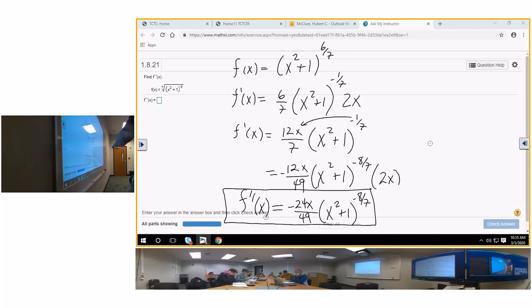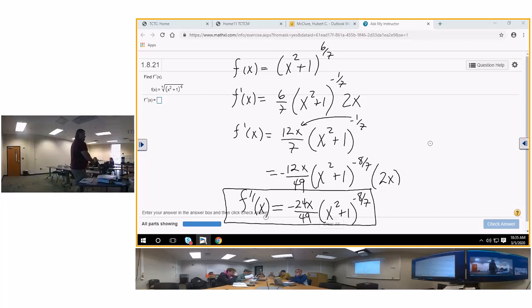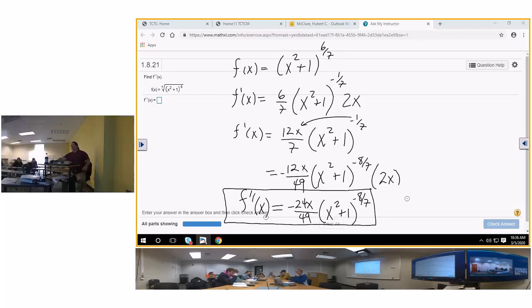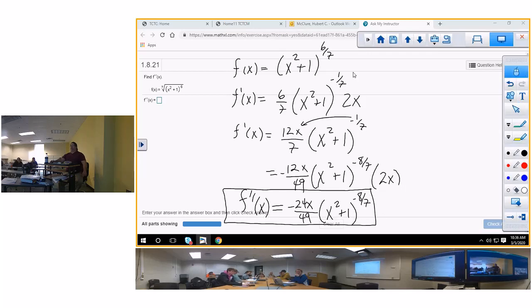They could make that negative 24x over 49, 7th root of x squared plus 1 to the 8th power. They could write it like that. That'd be the 7th root of x squared plus 1 to the 8th power on the bottom.